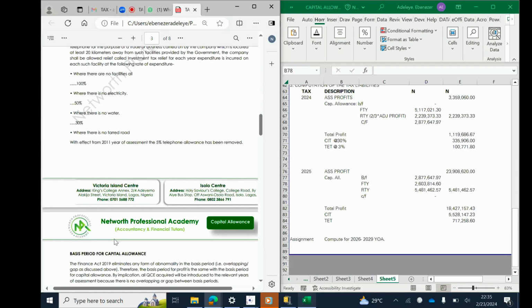although the asset was purchased on the 15th of the month, I have assumed or computed it as though it was acquired for the full month.